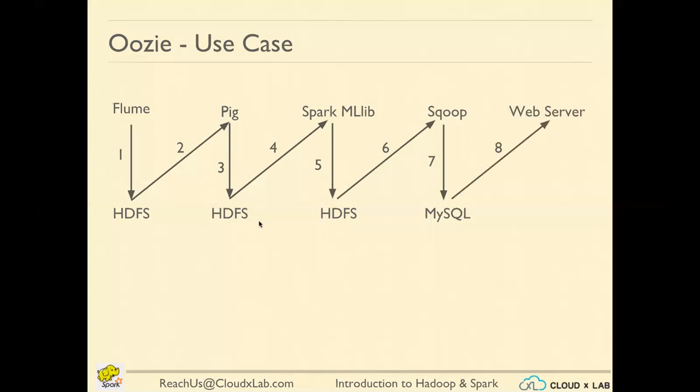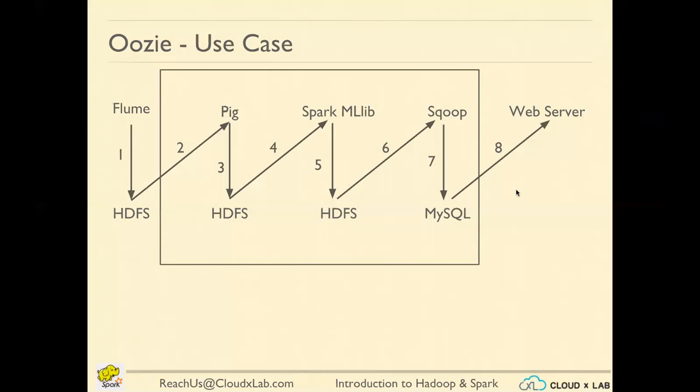We prepare three-column data with user ID, product ID, and the ratings, and then feed that to Spark MLlib. The result of MLlib is what? Recommendations that this user would like to buy that product. So we push that back into HDFS. From there, we put it using Sqoop into MySQL, which is being used by the web server.